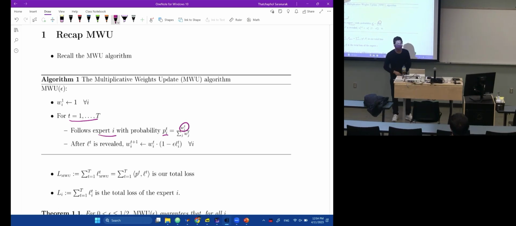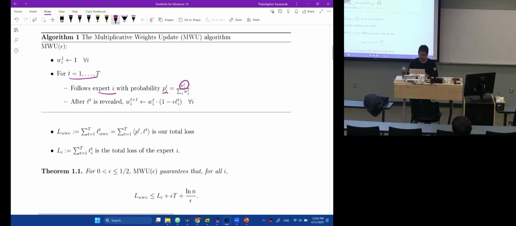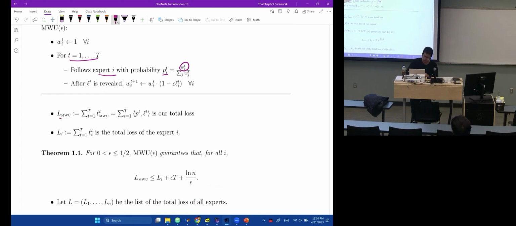Okay. Update it multiplicatively. And what you want to compare is basically the loss that the algorithm makes, the loss of the weight update algorithm, which is just a sum over days t of the loss on day t. And how did we define this?